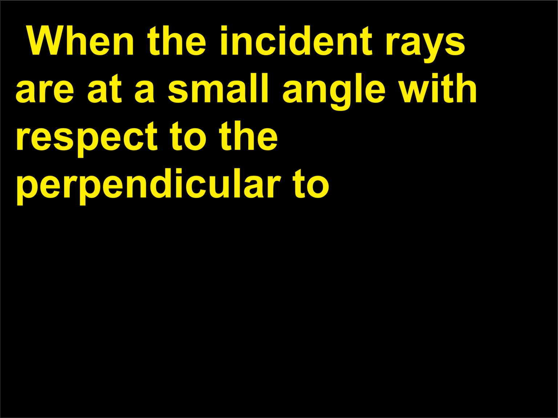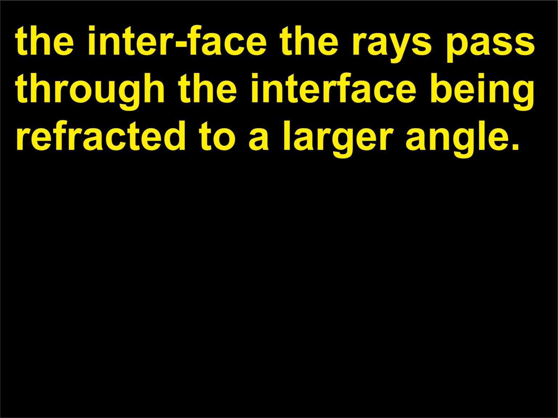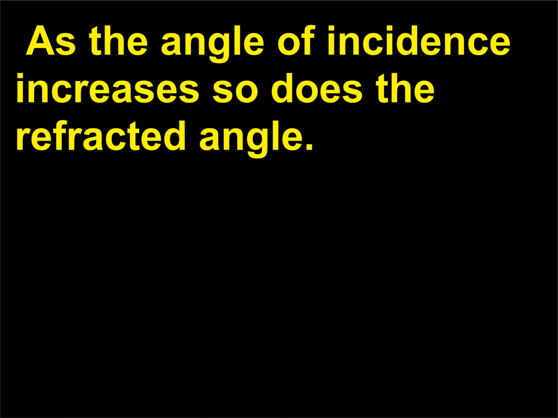When the incident rays are at a small angle with respect to the perpendicular to the interface, the rays pass through the interface, being refracted to a larger angle. As the angle of incidence increases, so does the refracted angle.